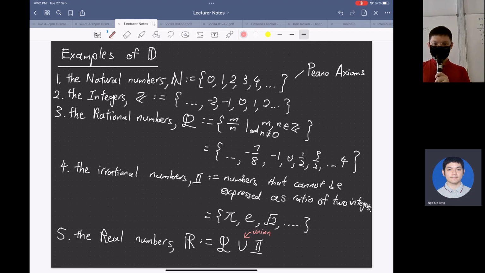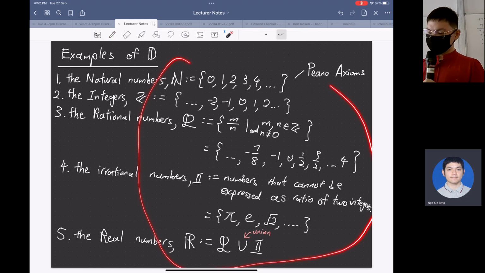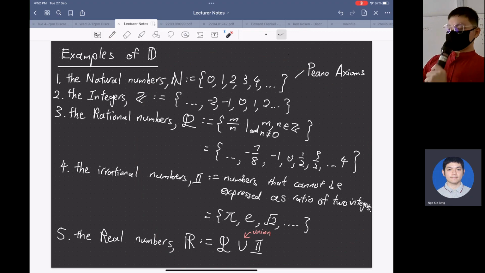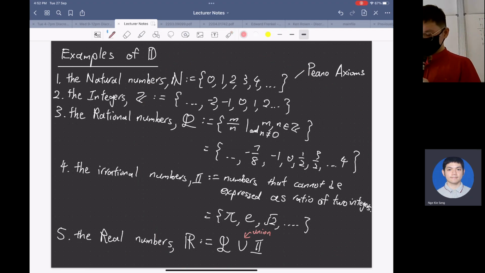For now, what I want you to know is what kind of number is in N, what kind of number is in Z, what kind of number is in Q, and what kind of number is in R. I don't need you to write down this thing, but I need you to know what kind of number appears in each. Similarly, this notation will get even clearer after chapter 2, which is next week.